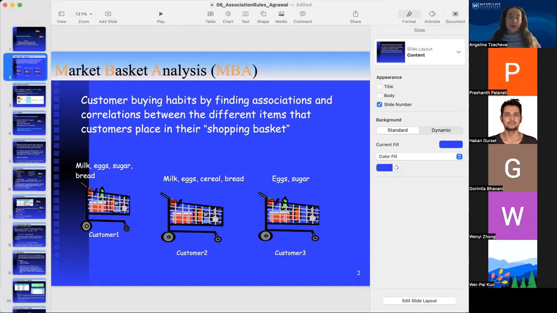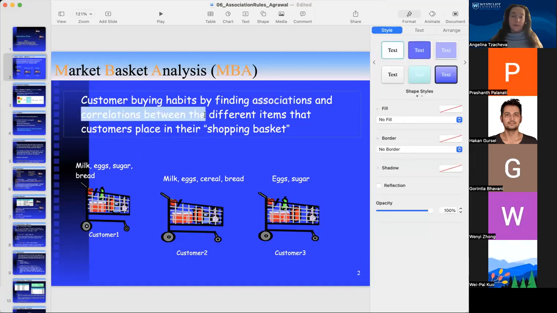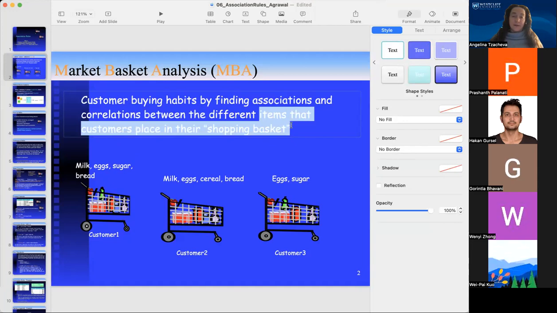So the customer buying habits can be studied by finding associations or correlations between the items that the customers place in their shopping basket, that is, associations or correlations between the items that we place in our shopping basket.